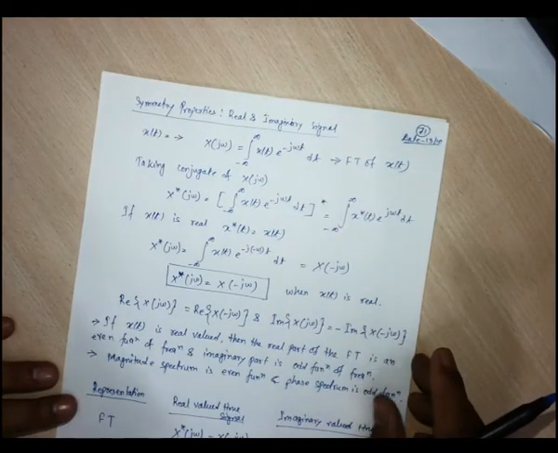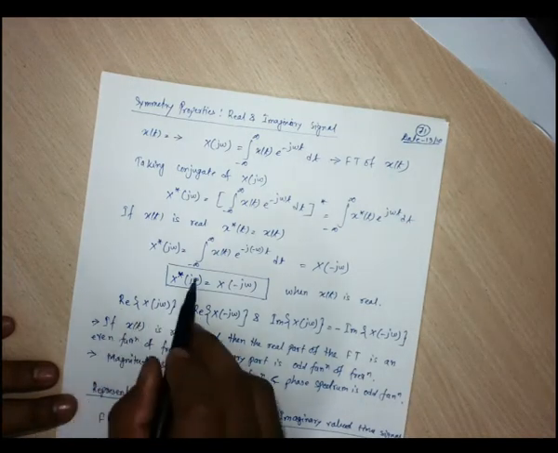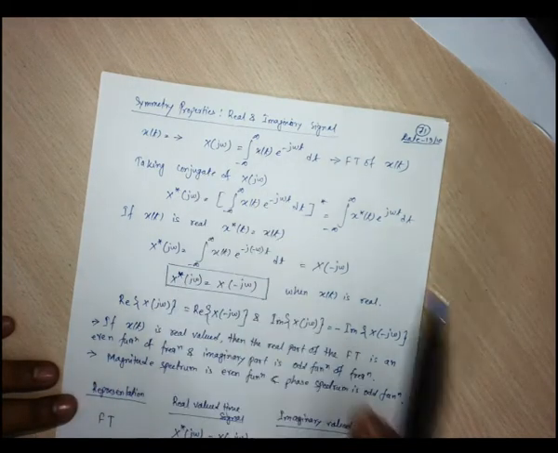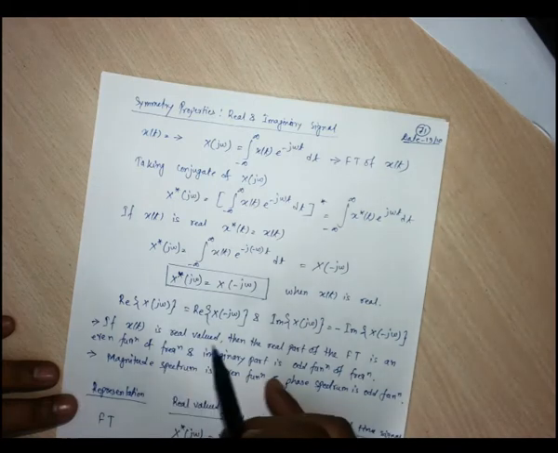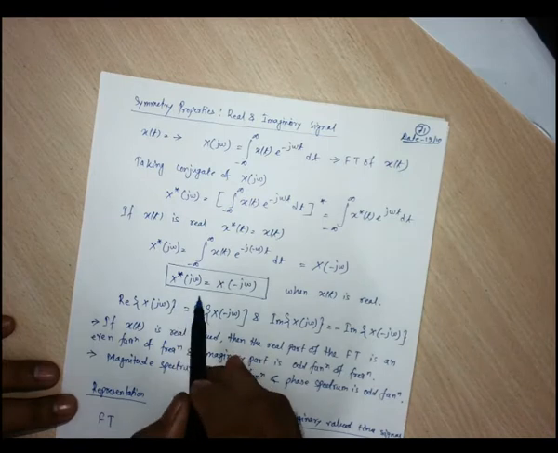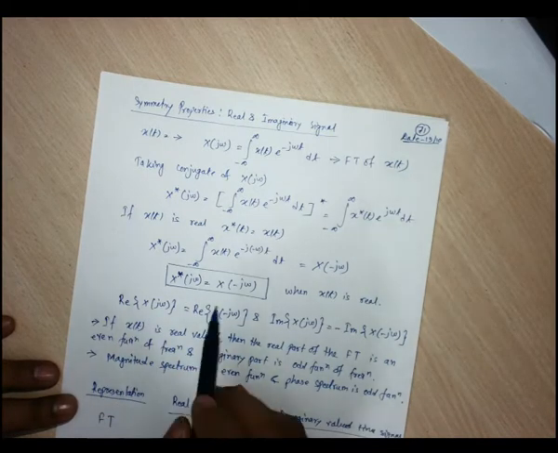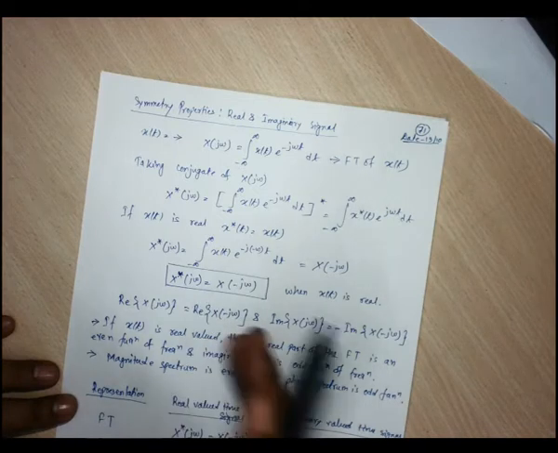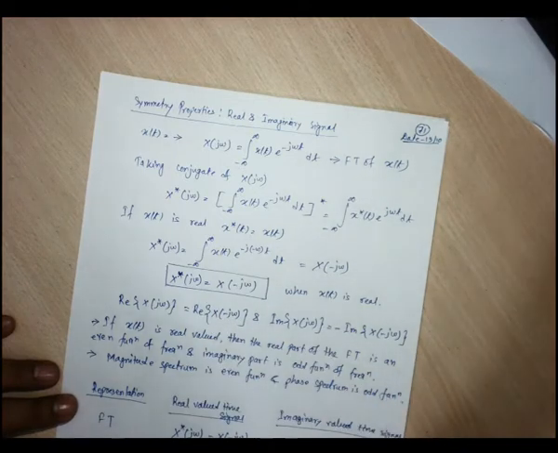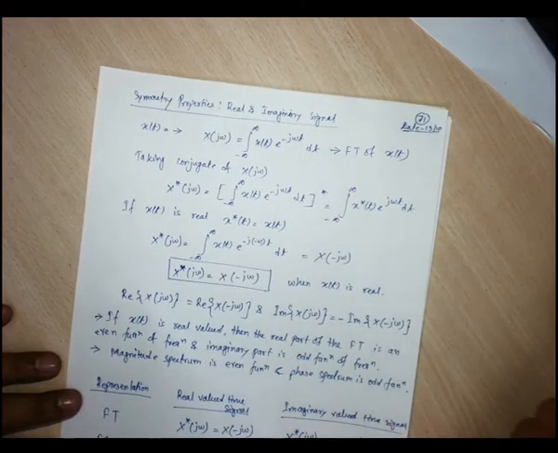So what we have been saying is that when x(t) is real, the real part of this Fourier transform X(jω) is an even function of frequency. It is the same as the mirror image: whatever is on the right-hand side is the same as on the left-hand side.